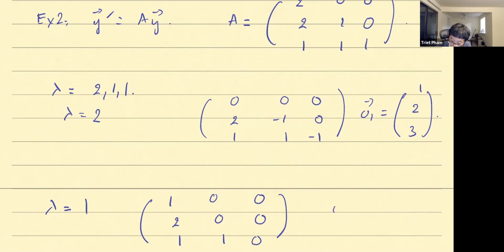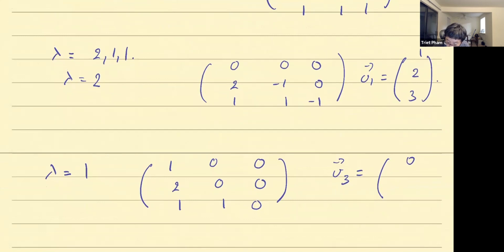Correct. So let me call it V3. V3 is (0, 0, 1). Yes?